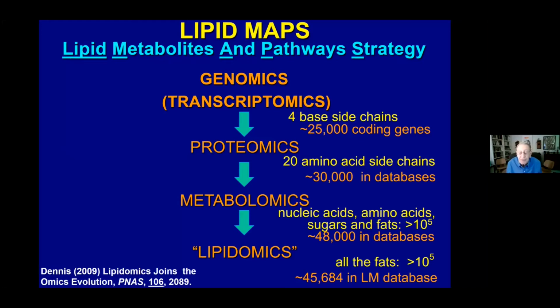And in the lipid maps database, as of this morning, there were 45,684 unique lipids. Now you'll quickly see, if you do the math from metabolomics to lipidomics, that the vast majority of metabolites that we know with unique structures are lipids, and only a relatively small number are nucleic acids, amino acids, and sugars.